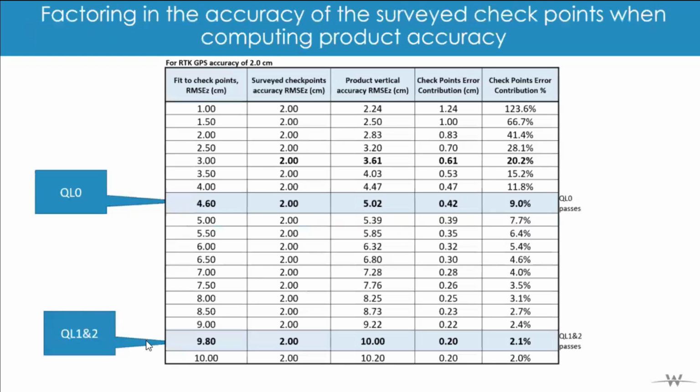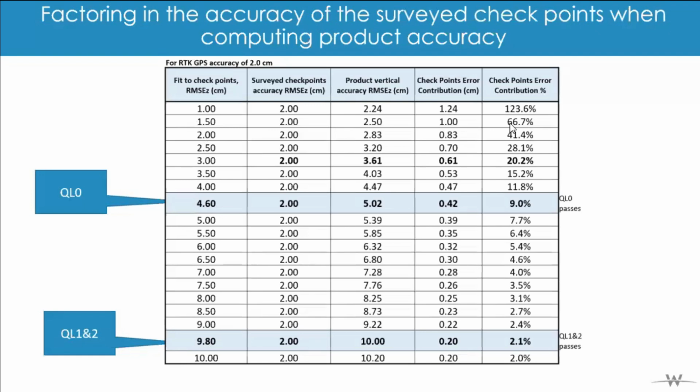Going back to the effect of these 2 centimeter RTK, like I mentioned, for quality level 1 and quality level 2, it's really affected by only 0.2 of a centimeter, which is not a big deal. But the big deal is when you go up in accuracy, when you start reaching 1 centimeter and 1.5 centimeter mobile LiDAR accuracy, that 2 centimeter represents 66.7% of the error budget.